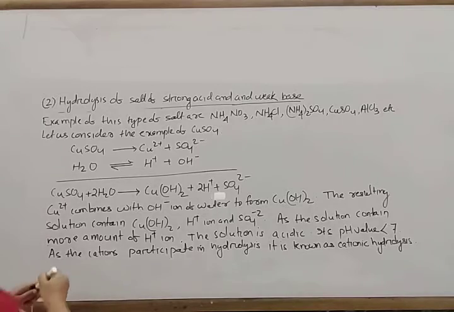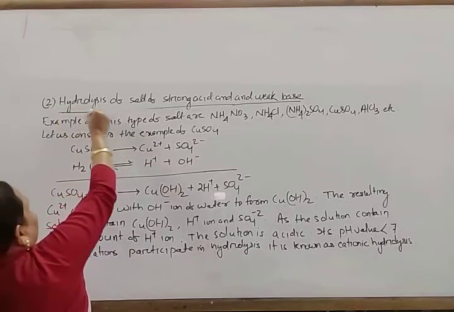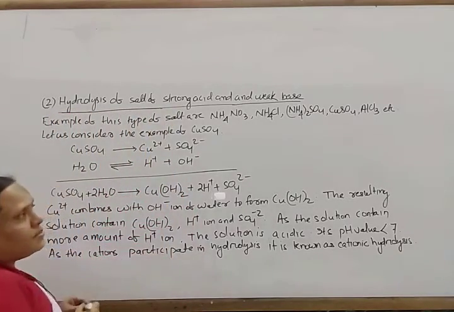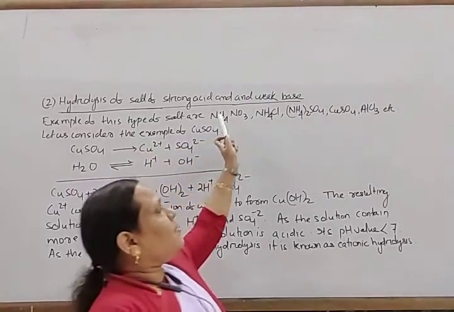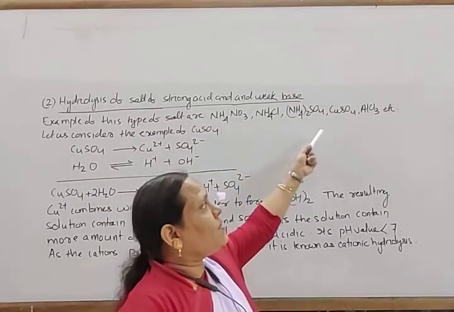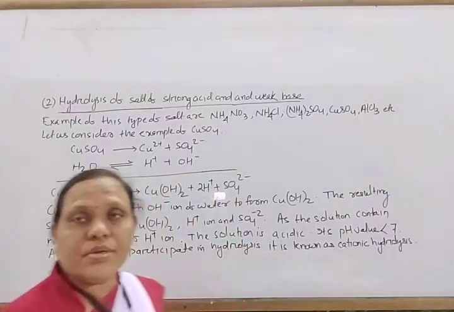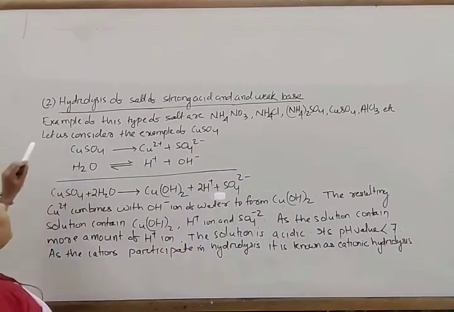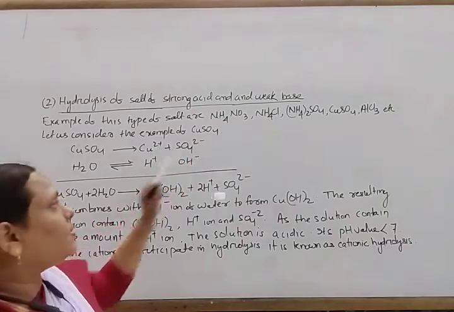Next, come to hydrolysis of salt of strong acid and weak base. Some examples of this type of salt are ammonium nitrate, ammonium chloride, ammonium sulfate, copper sulfate, aluminum chloride, etc. Let us consider the example of copper sulfate.